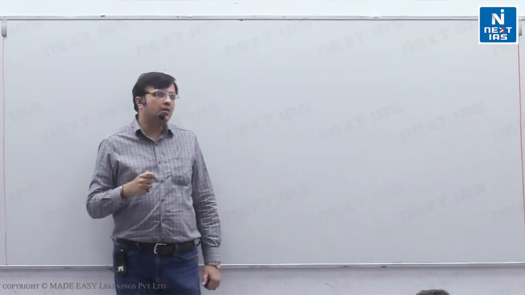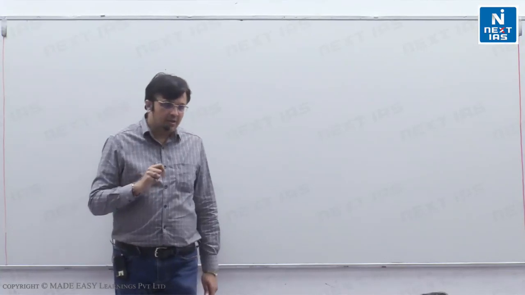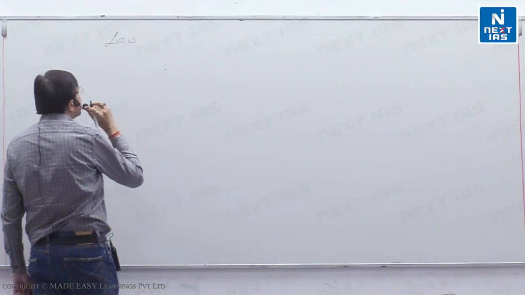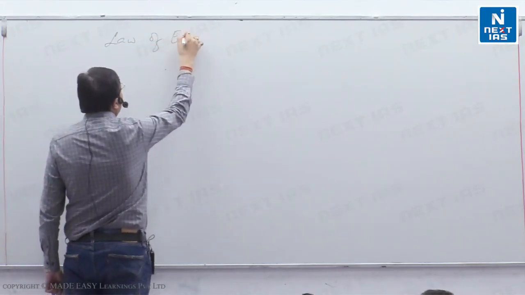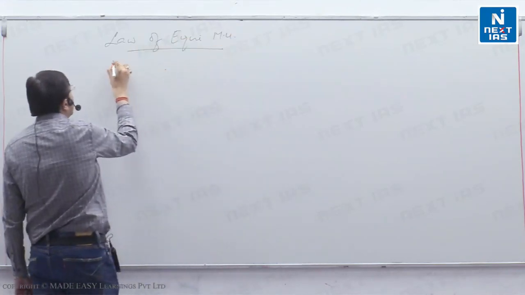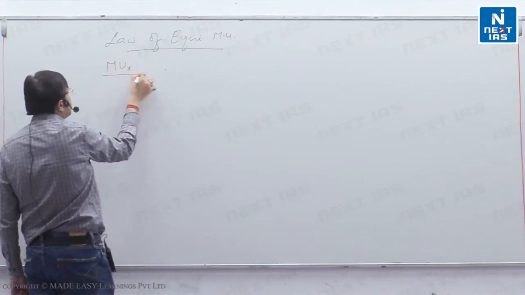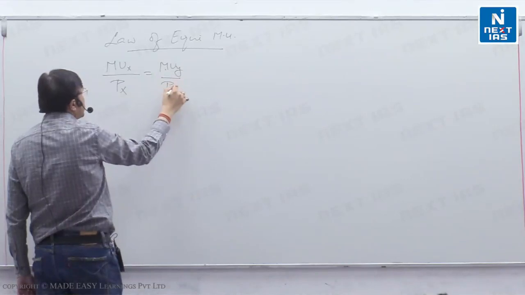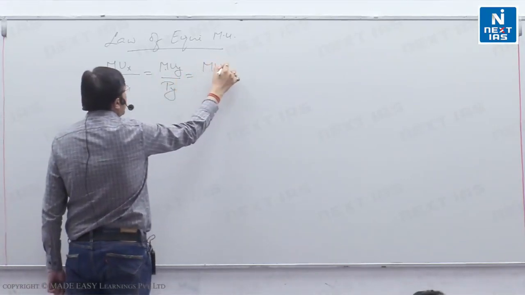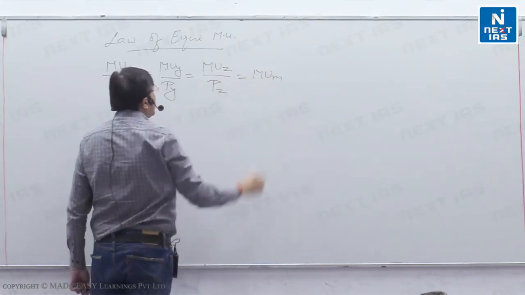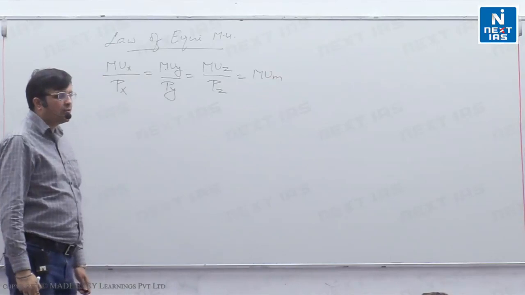Now we talk about equimarginal utility and the law there. So see, the expression of the law is a simple idea. When we say law of equimarginal utility, the expression of the law is that if there are multiple commodities in the market, then the ratio of their marginal utility to their price should be equal to marginal utility of money.